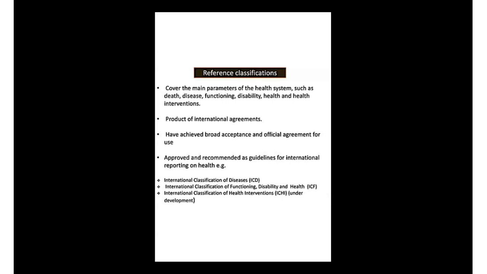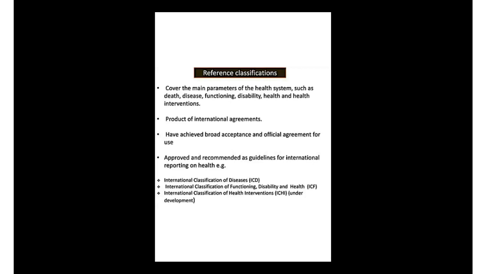It covers the main parameters of health such as death, disease, functionality, disability, health, and health intervention. It is a product of international agreement, has achieved broad acceptance and official agreement among users, and is approved and recommended as a guideline for international reporting on health.